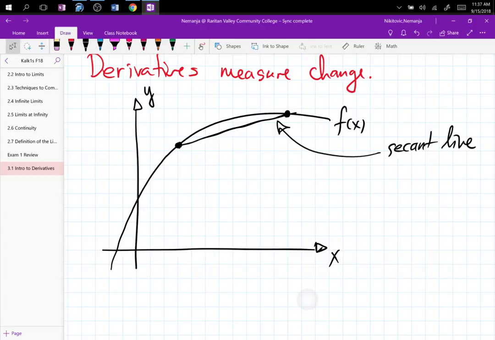Now, I'm going to say this is point P, and this is a fixed point, and this is a point Q, which I'm going to allow to move this way.